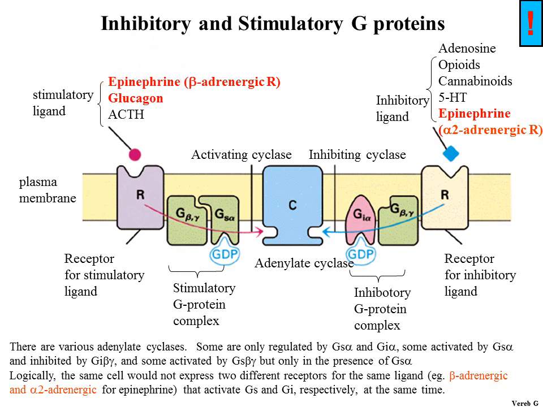Why do I say this? First of all, there are several other receptors, like the receptor for glucagon and also for adrenocorticotrophic hormone, ACTH, that are GPCRs, or G protein coupled receptors, that activate stimulatory G proteins that can activate adenylate cyclase.